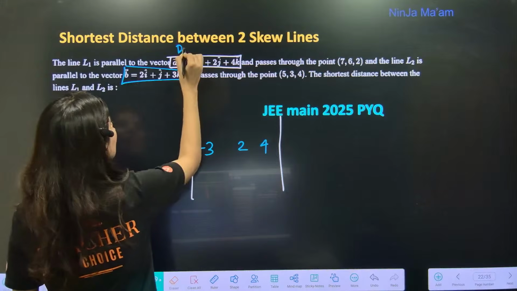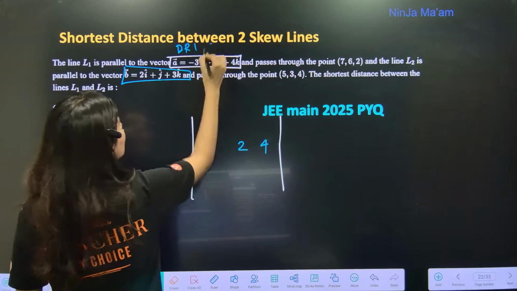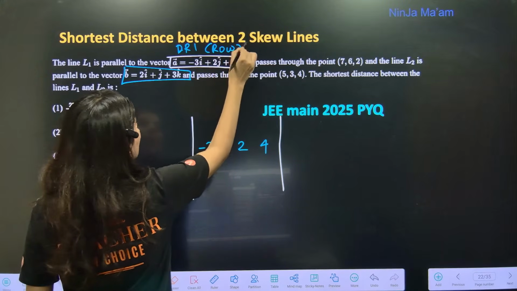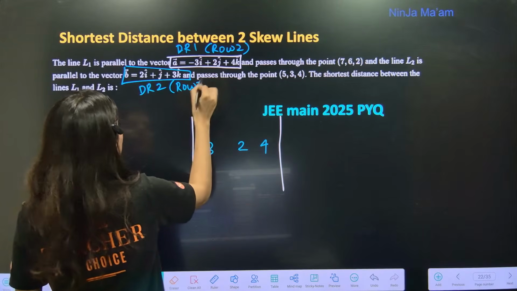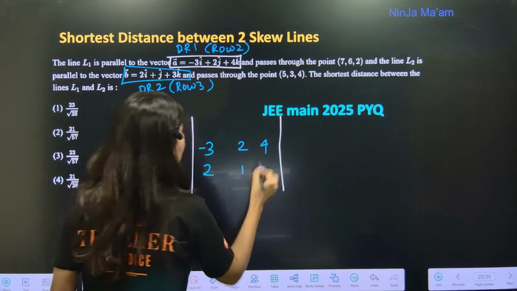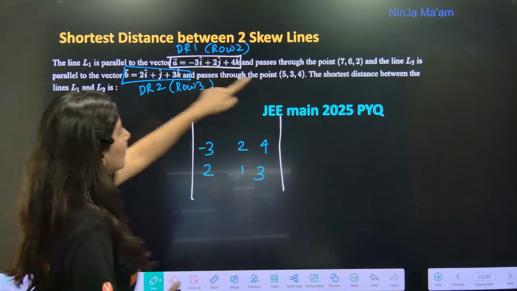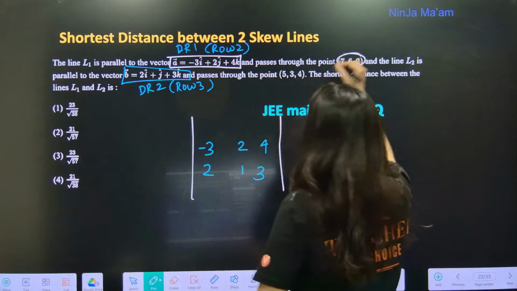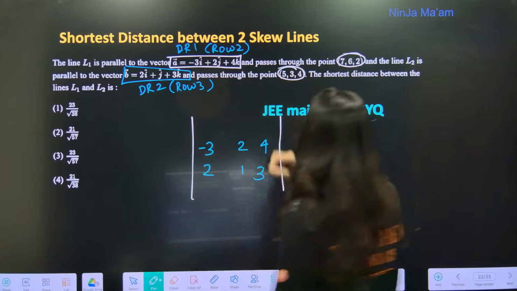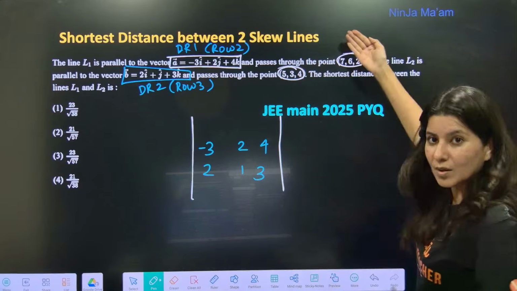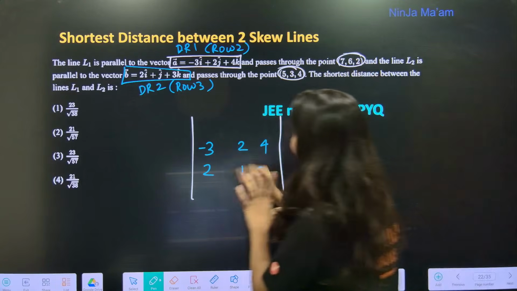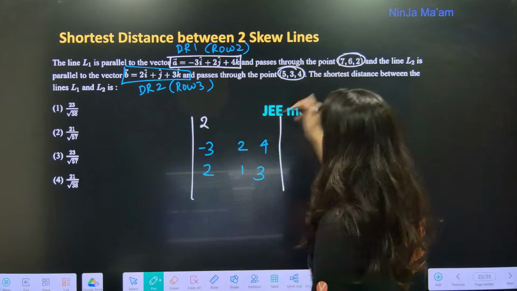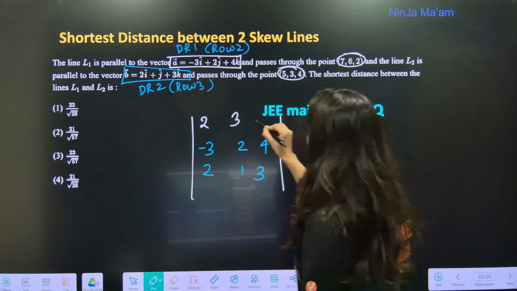So this is DR1, which is row number 2, and this is DR2, that is row 3, which is 2 1 3. Now x1 y1 z1 are 7 6 2 and 5 3 4. Either do 1 minus 2 or 2 minus 1, but do not change the side. So 7 minus 5 is 2, 6 minus 3 is 3, and this is -2.